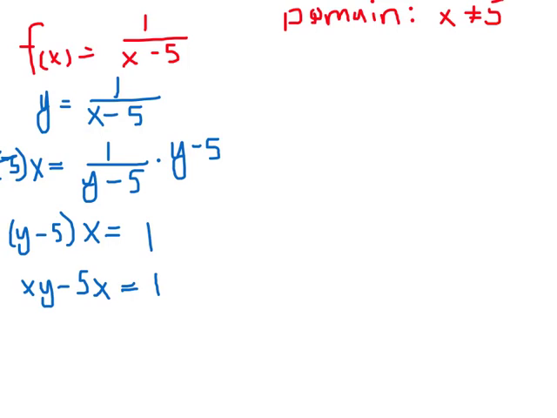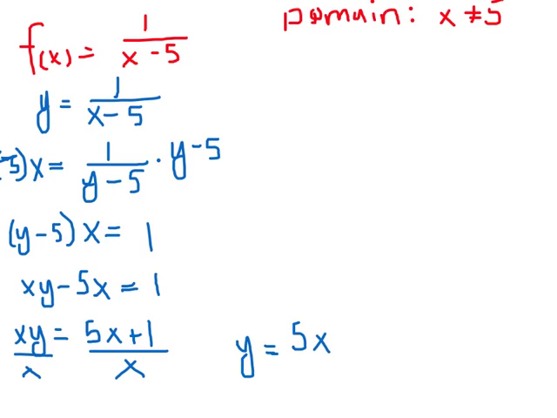Alright, we want to solve for y, so we're going to add that 5x over, 5x plus 1, and then let's divide by x. Okay, so we get that y equals 5x plus 1 over x.